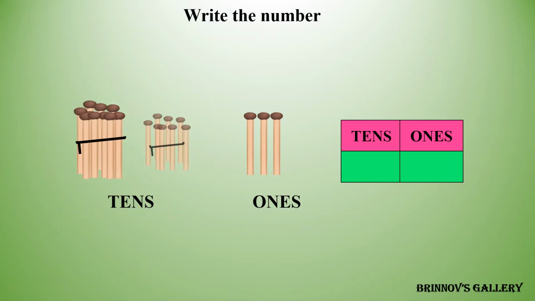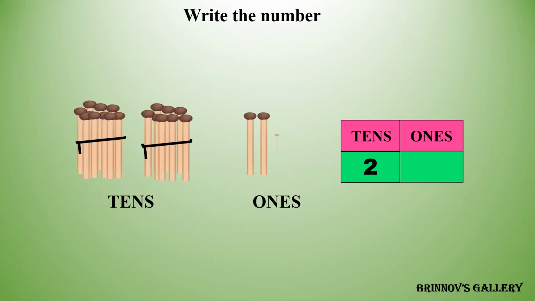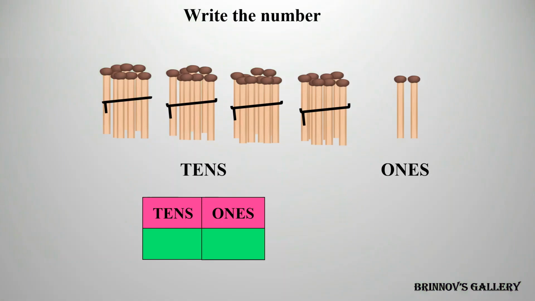1, 2, 2 tens, 1, 2, 3, 3 ones. Number is 23. 1, 2, 3, 4, 4 tens, 1, 2, 2 ones.